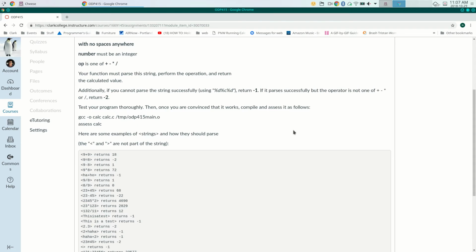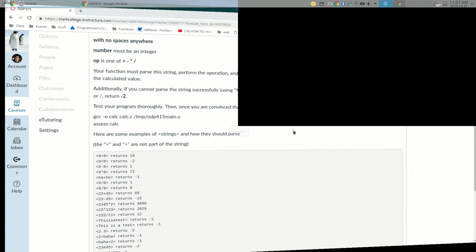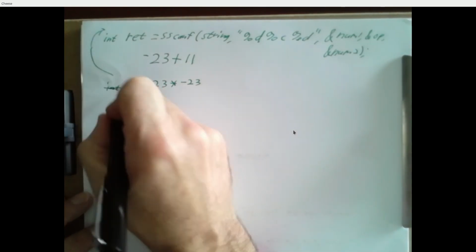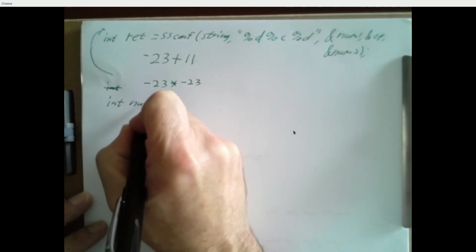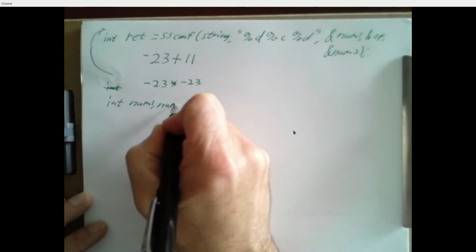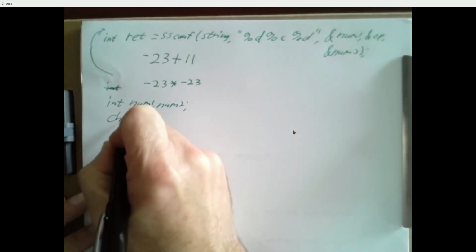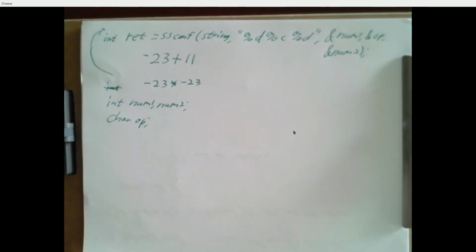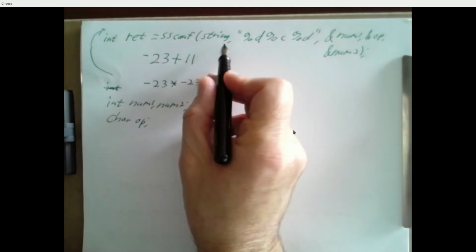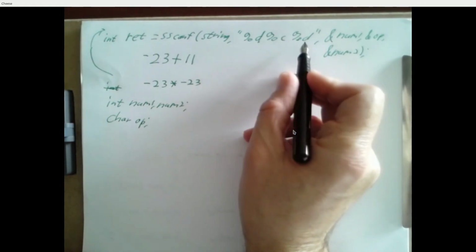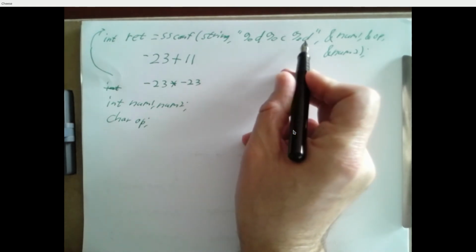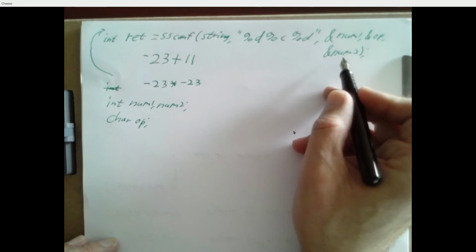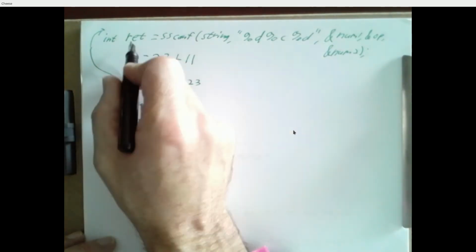Num1 and num2 are integers, char2 is an op. So scanf, whatever string you're trying to parse, %d, %c, %d, integer, character, integer, and then the address of those variables that you want to store the results in. And pick up the return value, RET.